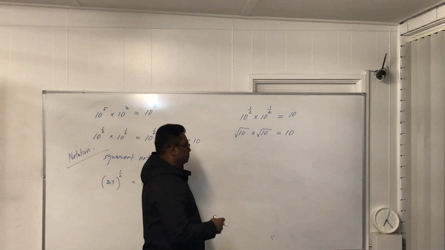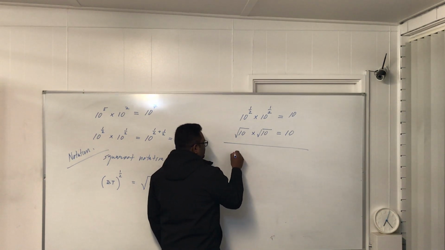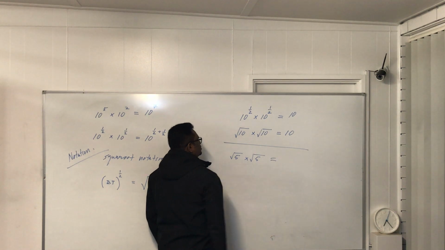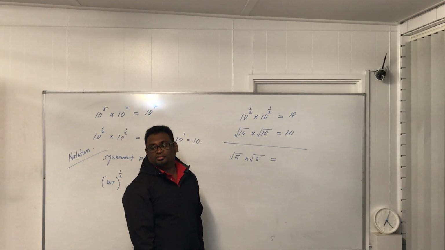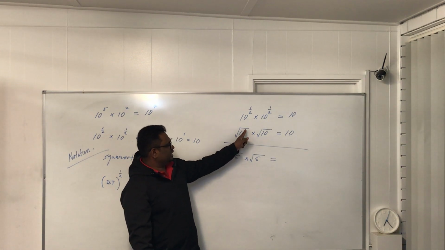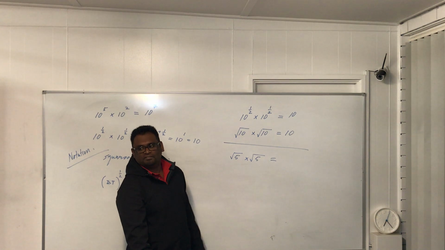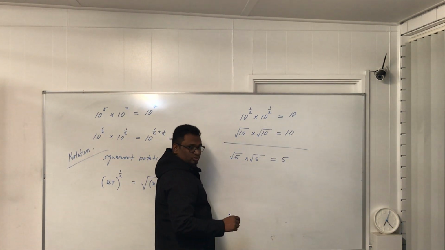For example, if you have square root 5 times square root 5, what will be the answer? 5. Check the pattern. If you have square root 10 times square root 10, it is 10. Square root 5 times square root 5 should be 5. How do you know?